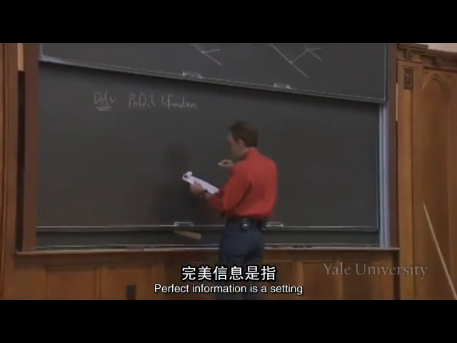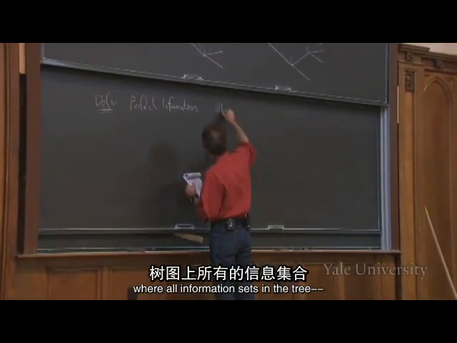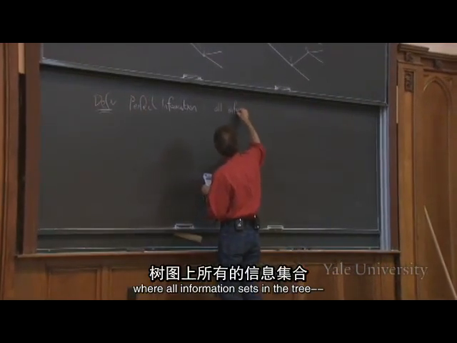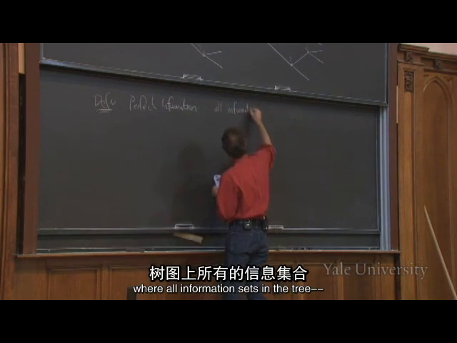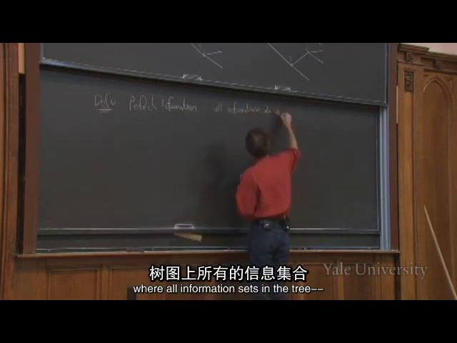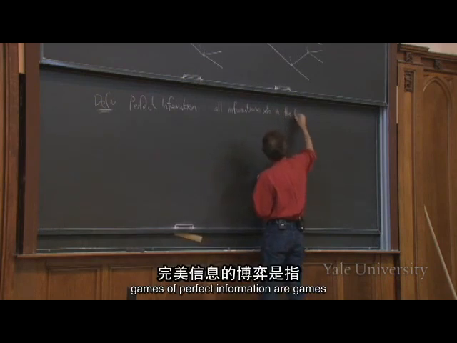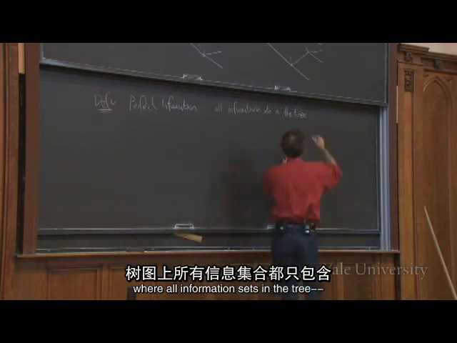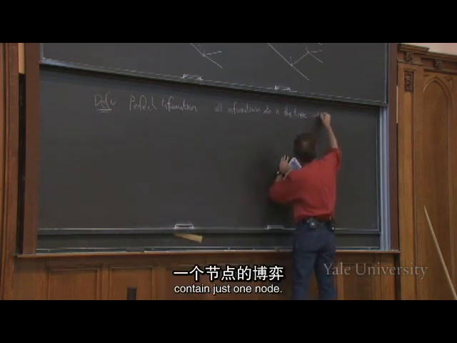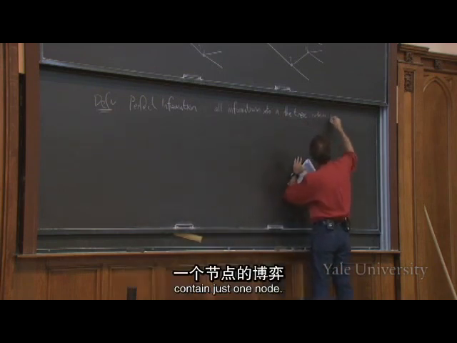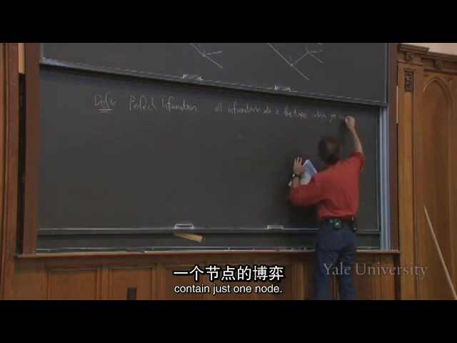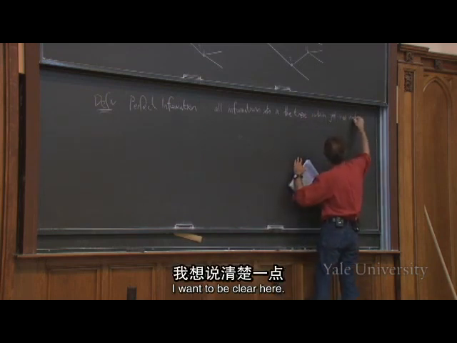Perfect information is a setting where all information sets in the tree contain just one node.